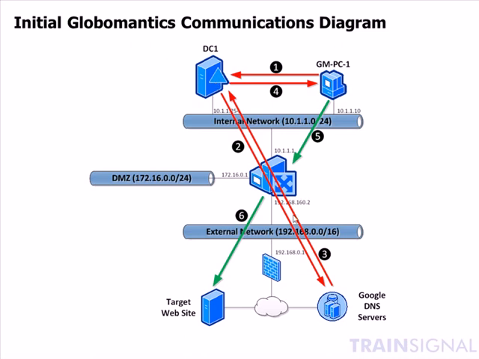So in step 2, that request is forwarded to Google's DNS servers through the firewall. The return comes back to the DC1 system, which sends it off to the GMPC1, which will cache that for future use so that it can then go directly through the firewall in steps 5 and 6 to its target website.